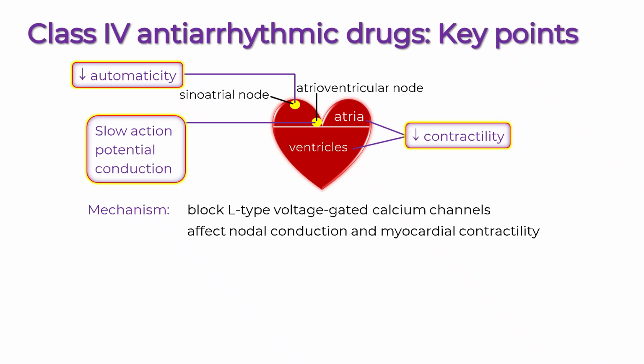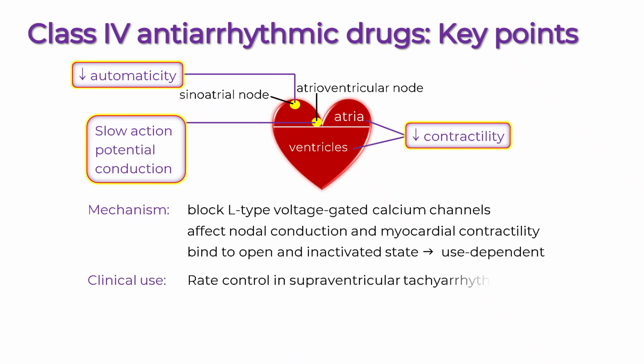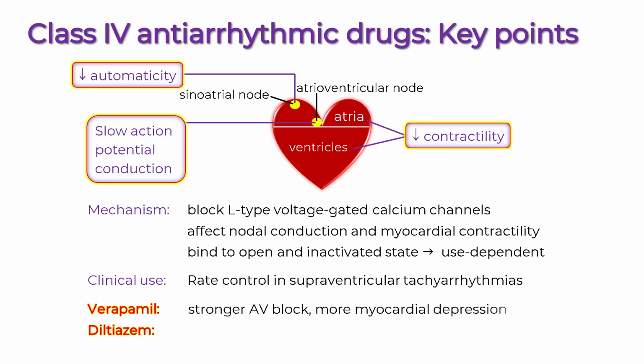Their effectiveness in tachyarrhythmias is amplified by use dependence, especially when binding kinetics are slow, allowing sustained channel block during rapid firing. Clinically, they're used for rate control in supraventricular arrhythmias. The available drugs are verapamil and diltiazem, which differ in potency and tolerability, with diltiazem often preferred in patients with borderline cardiac function.